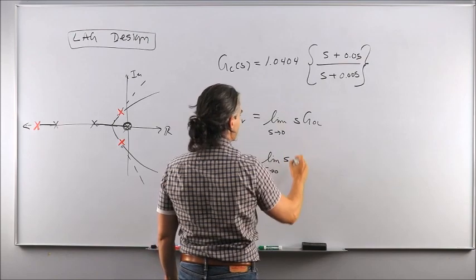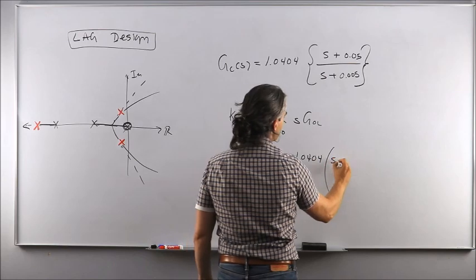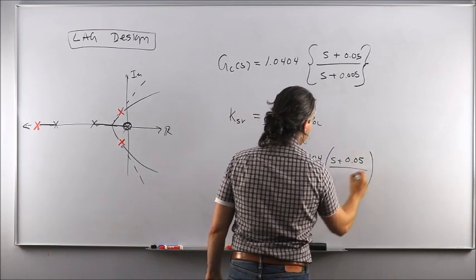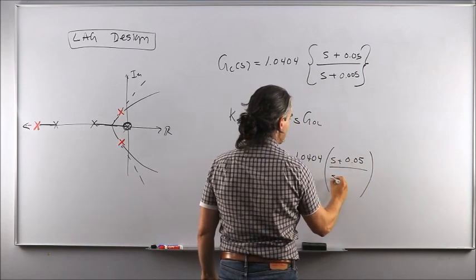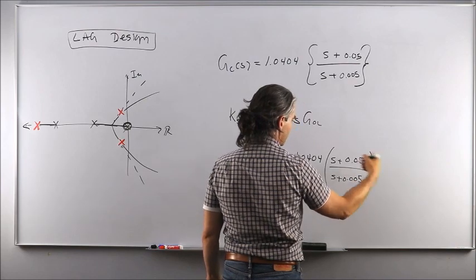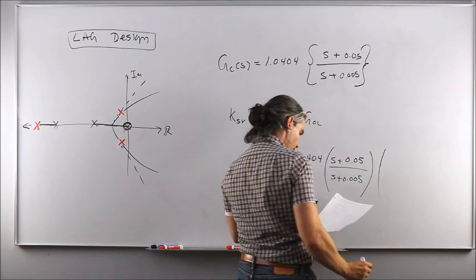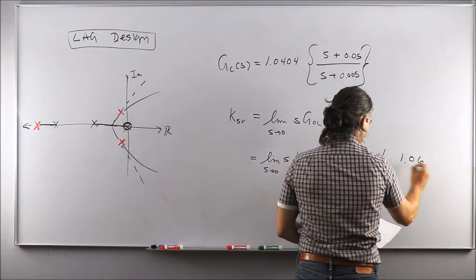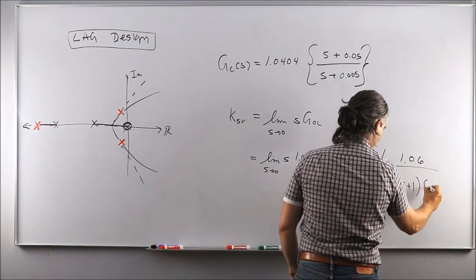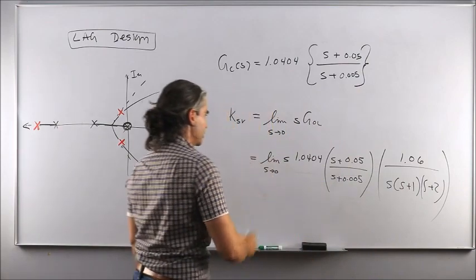So S times 1.0404 times S plus the location of the zero you had wisely selected to be 10 times further to the left than the position of the pole you had wisely selected to be very close to the origin, right? Times the original open loop transfer function, 1.06 over S plus 1 times S plus 2. So that's your new open loop.